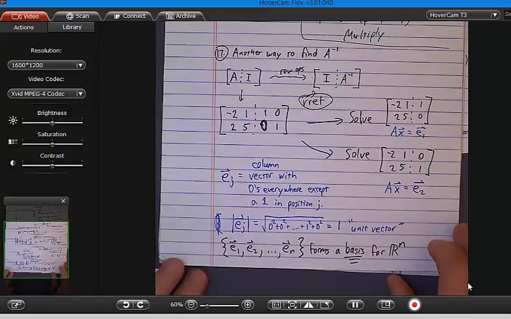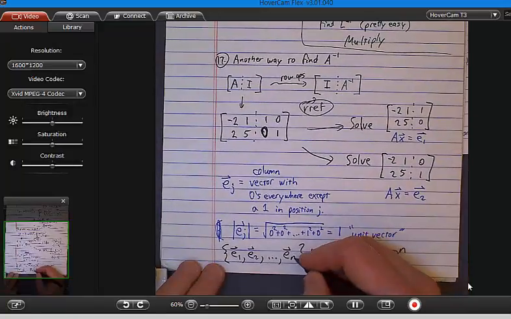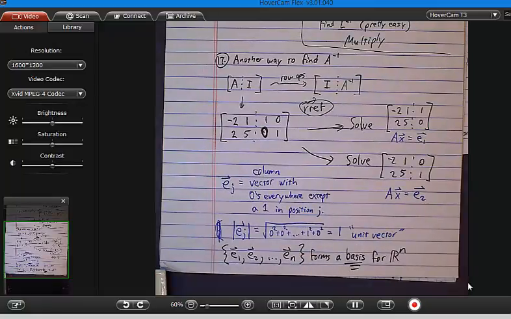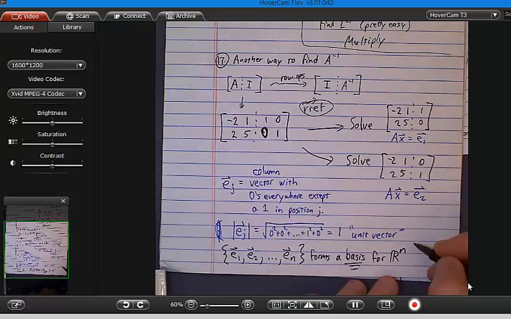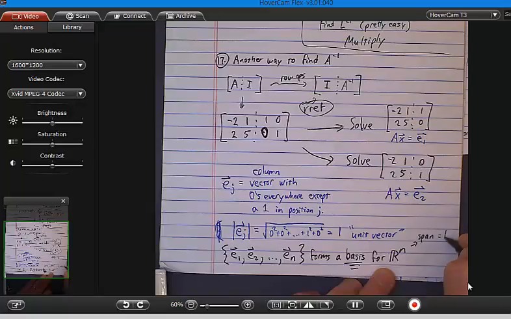The set E1 to En forms a basis for Rn. All right, guys, there's our new word, basis. What does that mean? It means two things. The span has to equal Rn, and also the set has to be linearly what? Independent, yes.